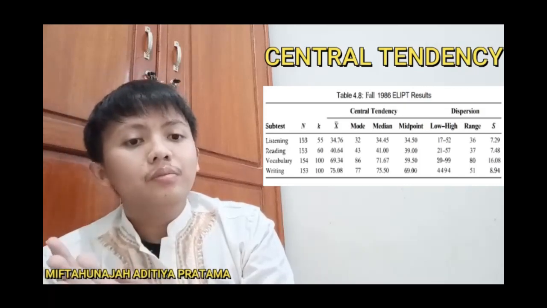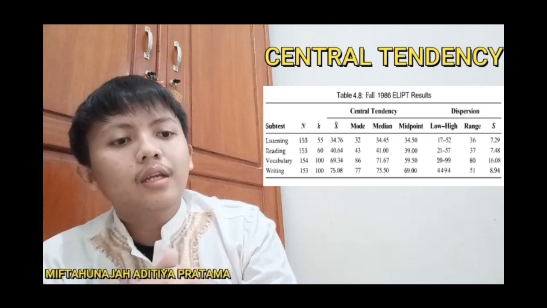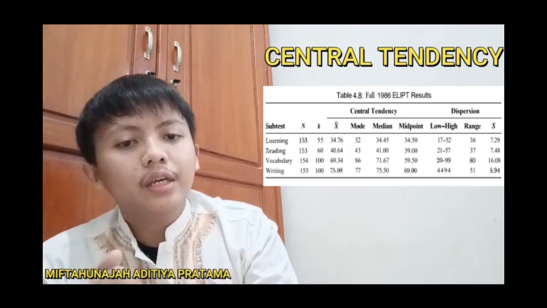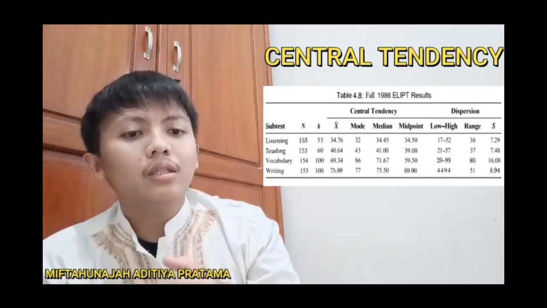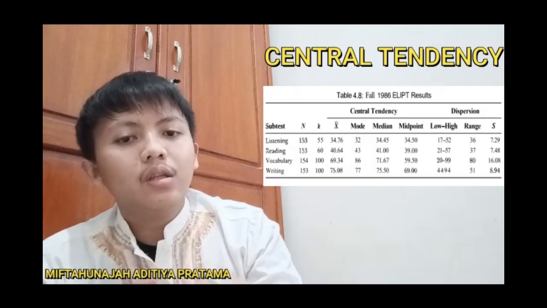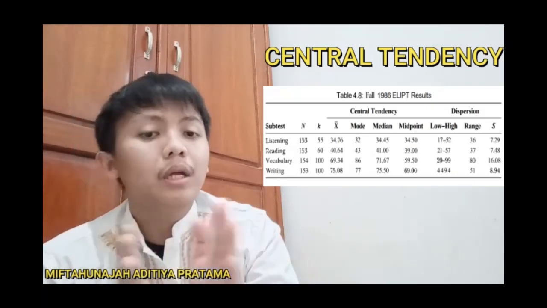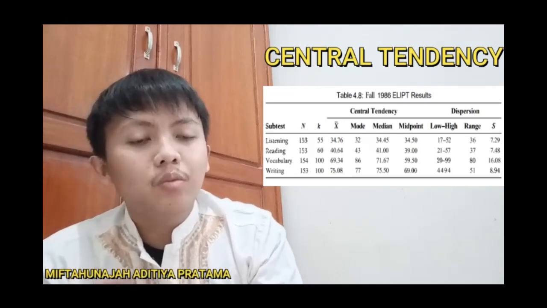For that reason, all four should be used, and the degree to which these four indices of central tendency are similar is one indication of the degree to which a set of scores is normally distributed, as in norm-referenced testing.